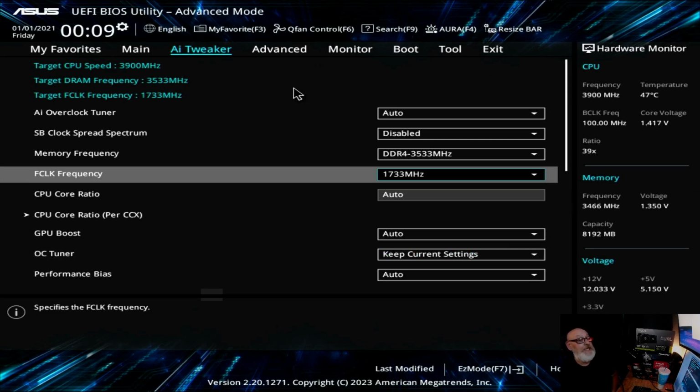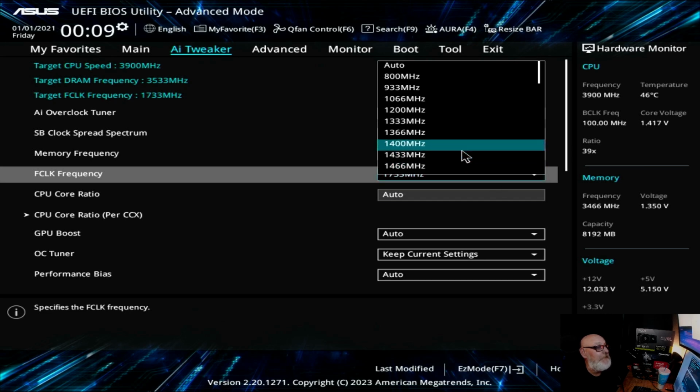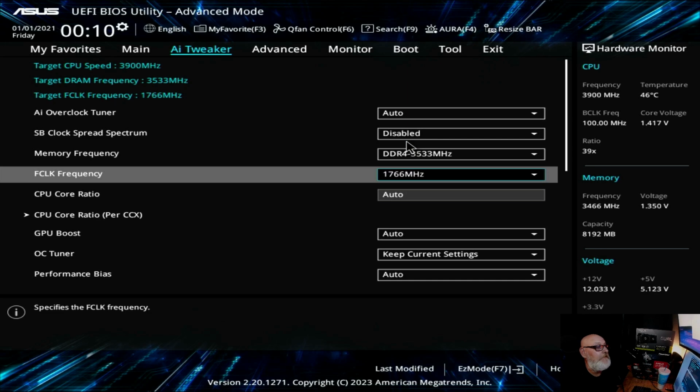1766.50. So that's going to be kind of an unstable number. This right here, I think that's going to be the unstable part, because it's supposed to be 1766.50 by the calculations. So we'll hit exit.